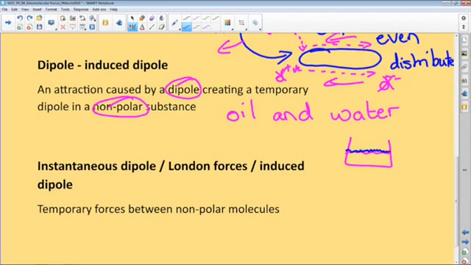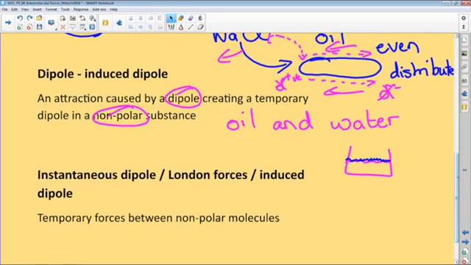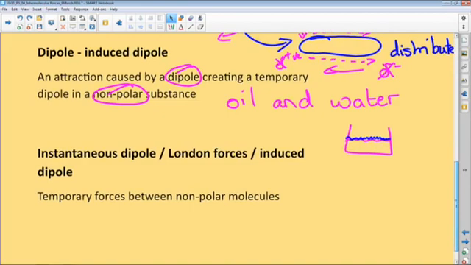They aren't going to mix. But between the two layers there's going to be a temporary attraction, so that it'll keep the layers together right up until the time that I pour it or shake it or get it to do something. So the dipole-induced dipole involves a polar substance and a non-polar substance, and our example is oil and water.